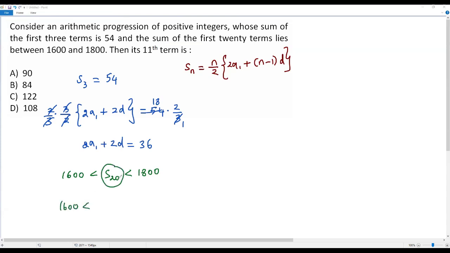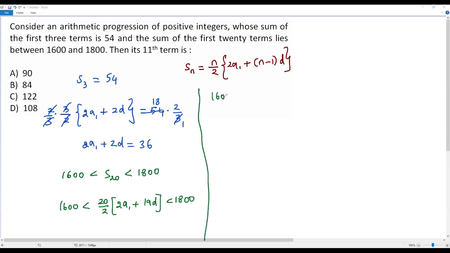To get the expression for S20, we have to plug in n equals 20. Then I get 20 over 2 times 2a1 plus, 20 minus 1 is 19 times d, less than 1800.